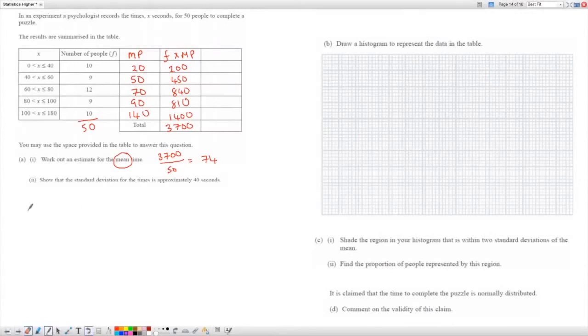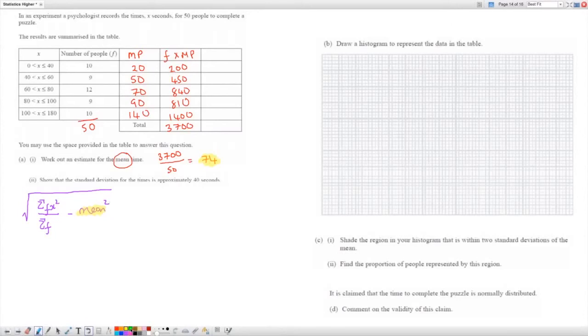So to find the standard deviation, we must square root the sum of fx squared divided by the sum of f, minus the mean squared. So first off, we already know the mean. Our mean here was calculated in part A. So we must take our 74 and square it.